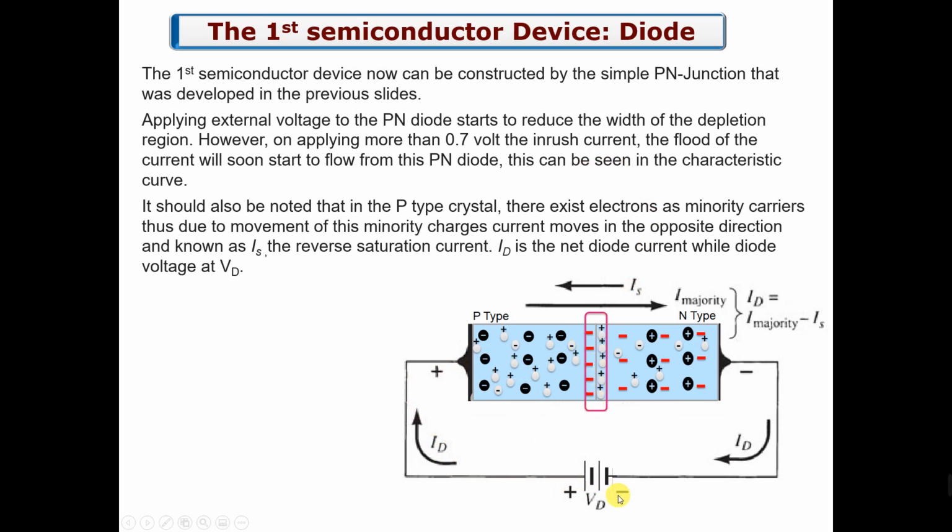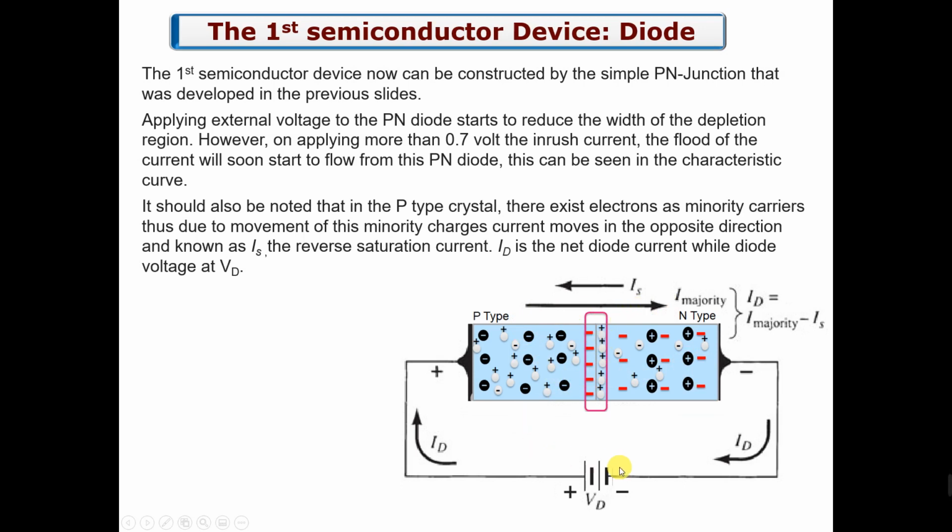Similarly, on the other side, electrons are injected and combine with the free electrons already there. If we apply enough voltage, the depletion layer will finish. So the majority of the current will be due to these free electrons and free holes, which is why I have shown the majority current longer.